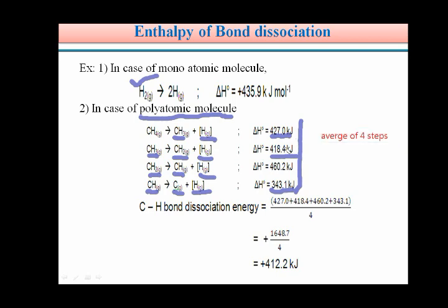So total 4 are there, the sum of these divided by 4, and we get 412.2 kilojoules as the enthalpy of bond dissociation for the methane molecule. So students, we can calculate the enthalpy of bond dissociation for polyatomic molecules in this manner.